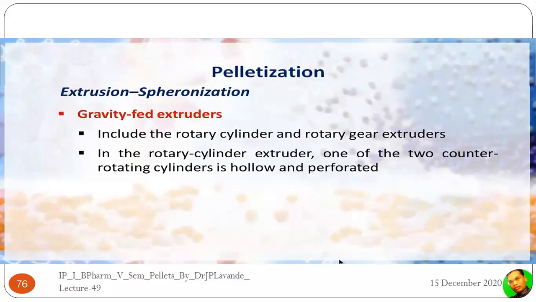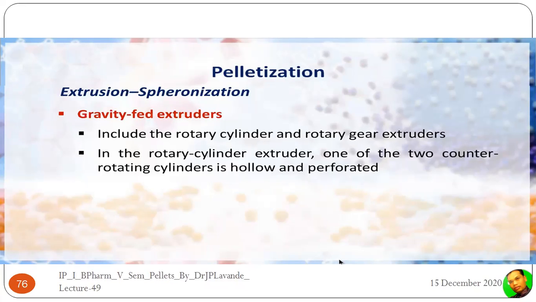In the rotary cylinder extruder, one of the two counter rotating cylinders is hollow and perforated. So rotary cylinder, they will consist of two different rotating devices, and these are counter rotating. That means one is going to be rotated from left to right, another from right to left, or one is in the clockwise direction, another in the anti-clockwise direction.